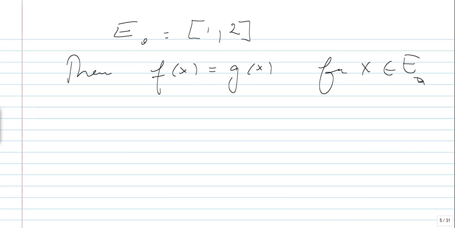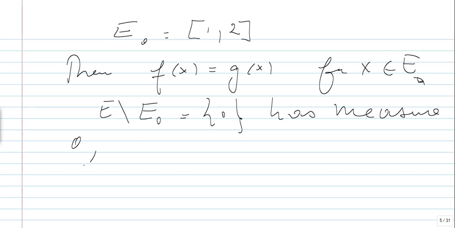Obviously, E minus E0 is equal to 0, which is a point and has measure 0. So f is equal to g almost everywhere on E.